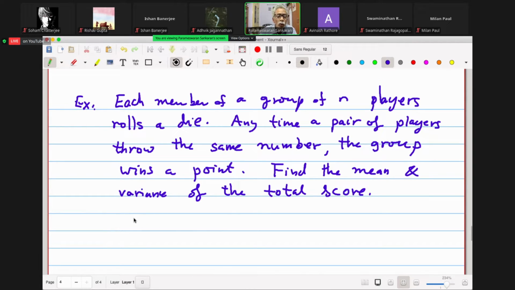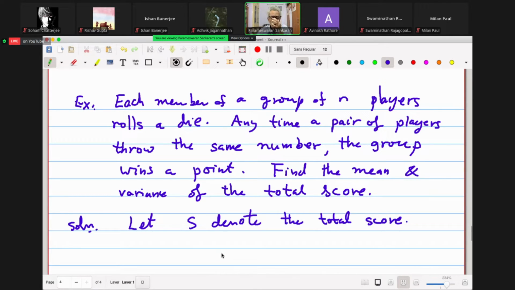Okay, so let S denote the total score. Now what is asked is, even if you write this, it gives some understanding of what exactly you need to do.